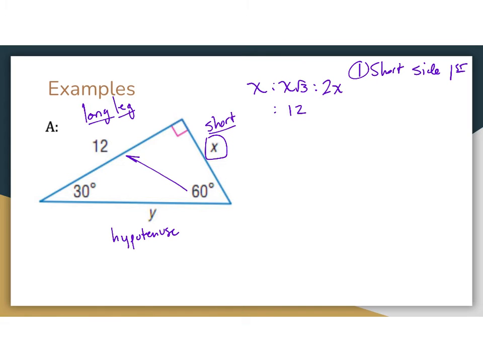My long leg is whatever my short side is times square root of 3. So I take x square root of 3 equals 12. Now this is where the rationalize step comes in, because I'm going to solve. So that becomes 1.